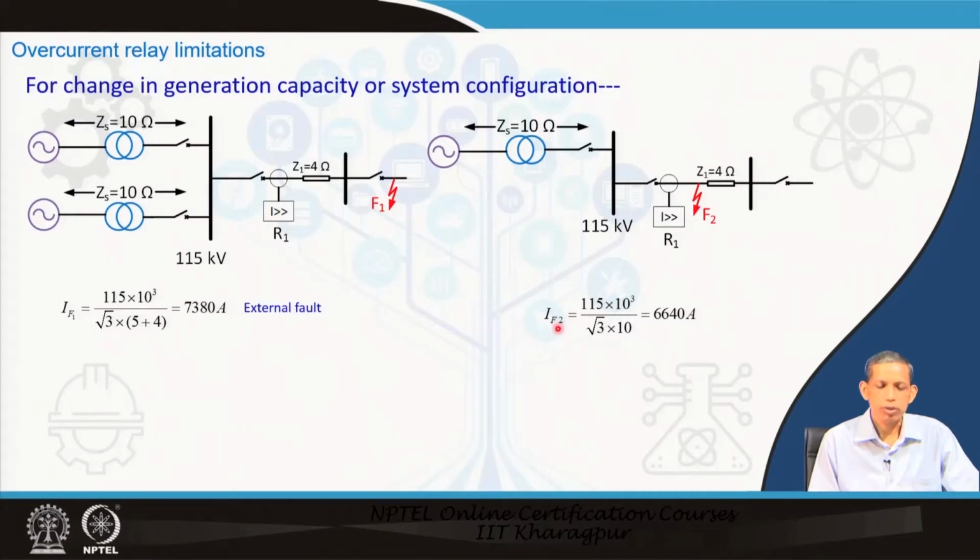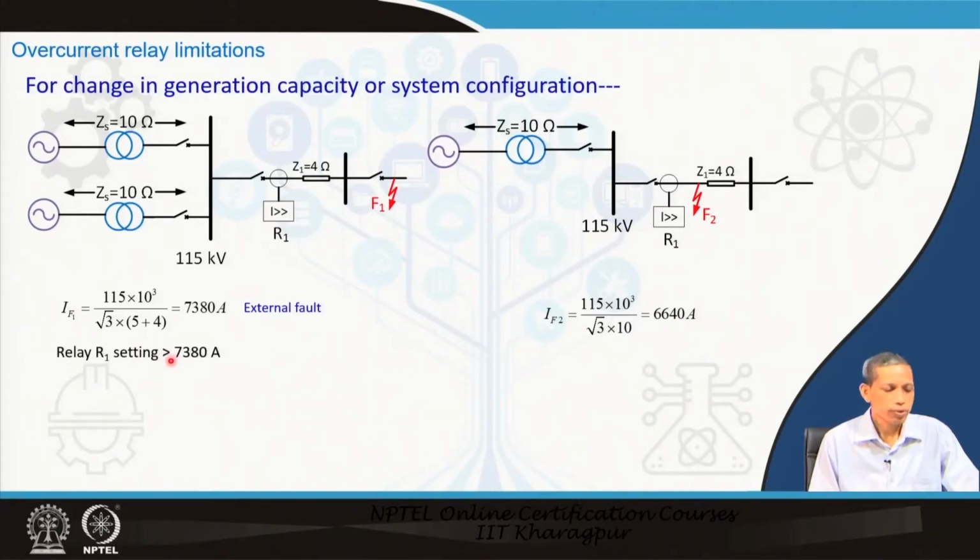So, I F2 becomes equal to 150 times 10 to the power 3 divided by root 3, and the corresponding impedance 10 for the 3 phase fault at F2, that leads to 6640 ampere. So, you see that the current for a fault beyond the line in this configuration is somewhat higher than for the fault adjacent to the relay. That is very unusual compared to what we have seen till now.